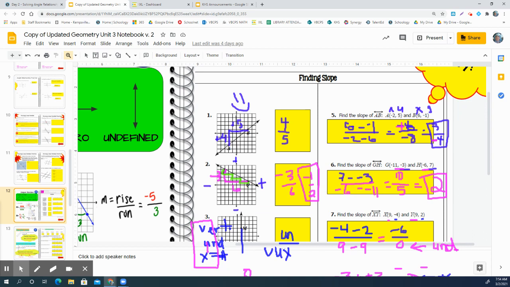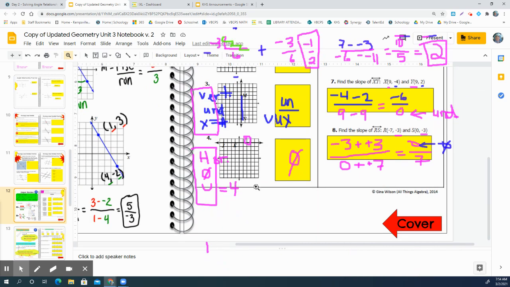Could you go back down to the last one and explain that again? Yeah, absolutely. Because I did it the other way that you could do it. It's the same on the top, but different on the bottom. It is. So did you get 0 over -7? Yep.